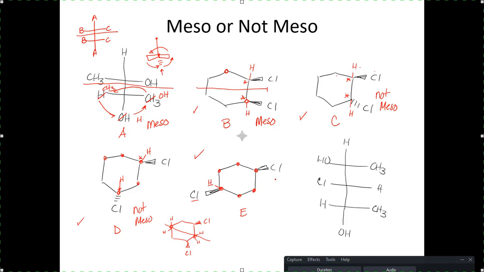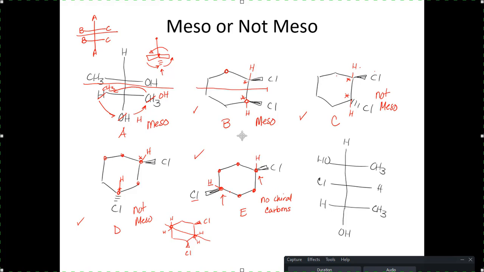We end up in the same place. And so this carbon, as well as this carbon over here, those 2 carbons do not have 4 different groups attached. So therefore, there are no chiral centers, no chiral carbons in this molecule, and therefore it can't be meso.